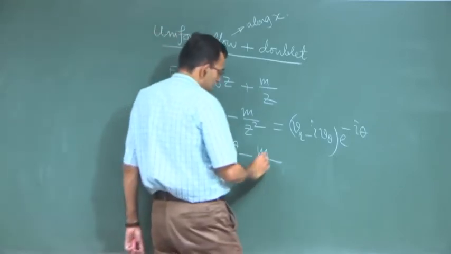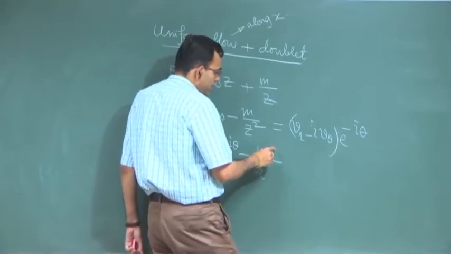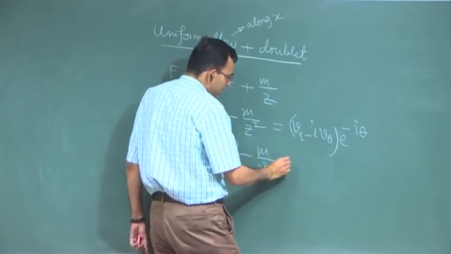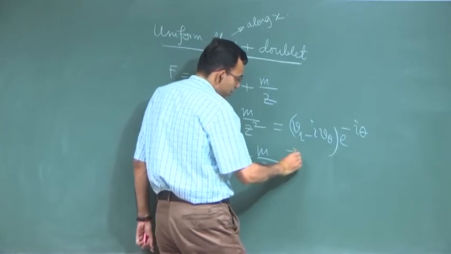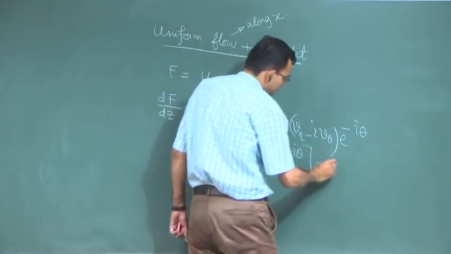So, this is r square, e to the power minus i theta is already there, and so on.